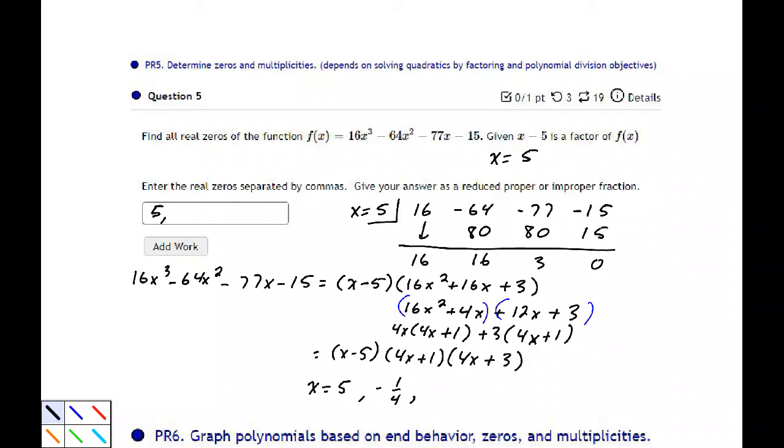And 4x plus 3 will equal 0 when x is negative 3/4. So those are the 3 things I'll put in my box. I already have 5, comma, negative 1/4, comma, negative 3/4. And we've just found the 3 real zeros of that cubic function, that polynomial.